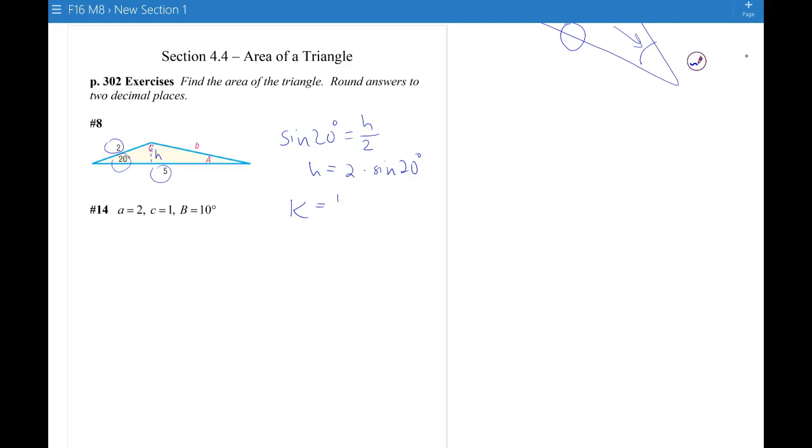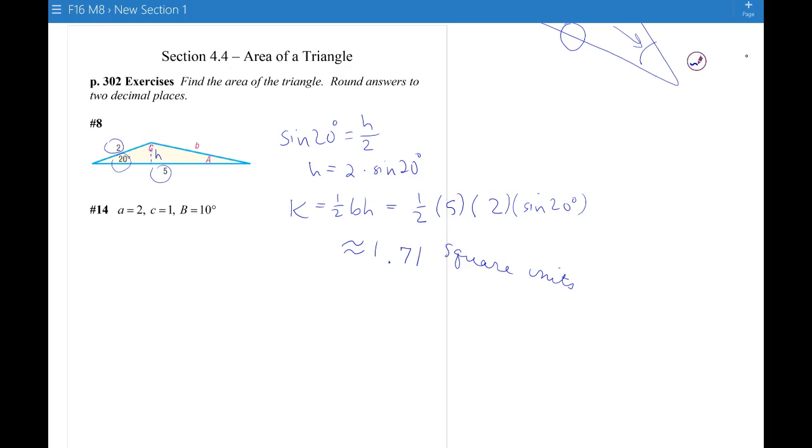So that says if the area is 1/2 B times H, then it's 1/2 the base, which is 5, times H, which is 2, times the sine of 20 degrees. So you're going to multiply those all together and make sure you're in degrees. And I'm getting about 1.71. And this is going to be in square units. So I'm just saying this to remind you that area is in square units.